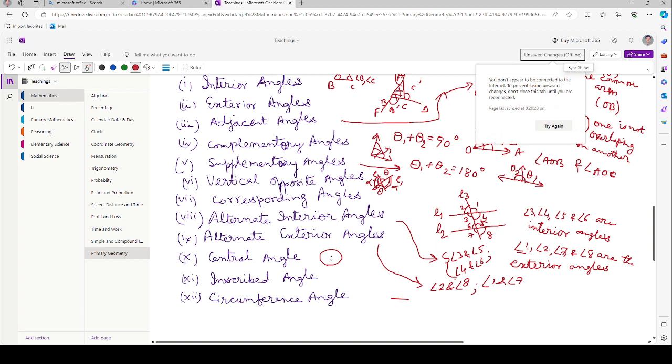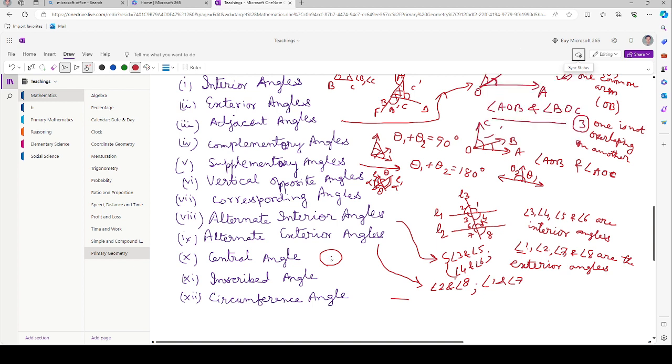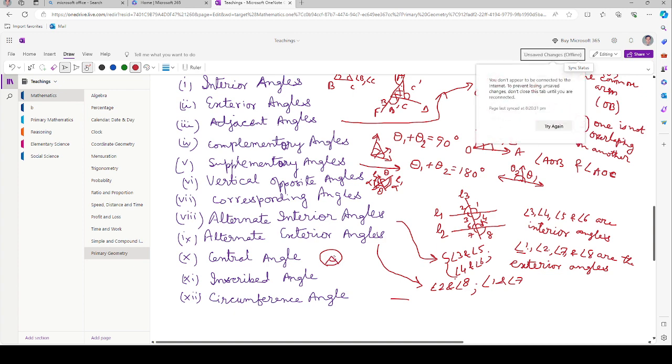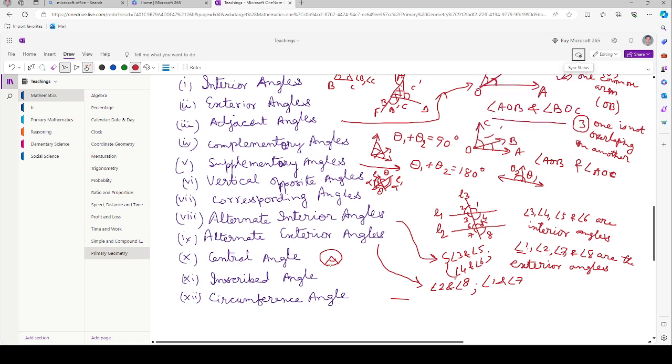Then this is the central angle. Okay. This is O, A, B. Angle AOB is the central angle.